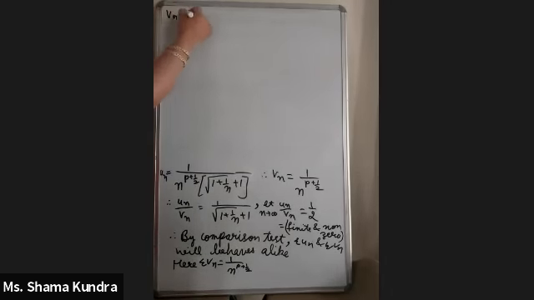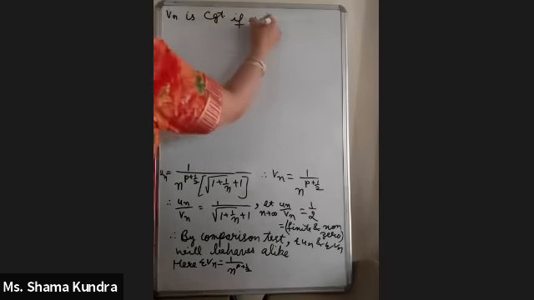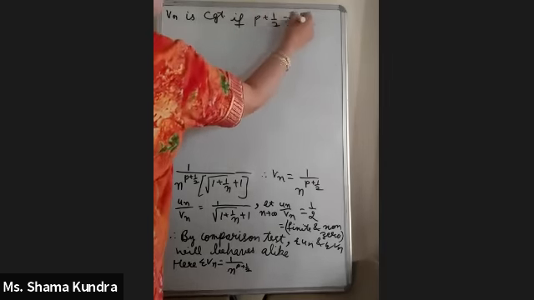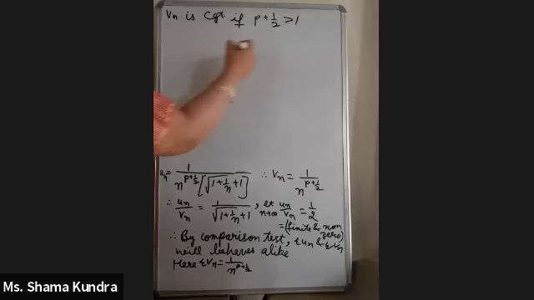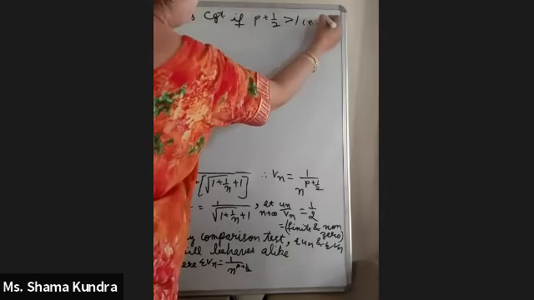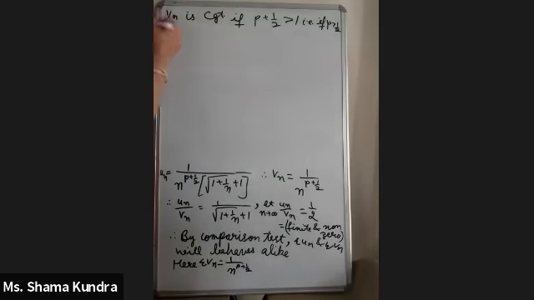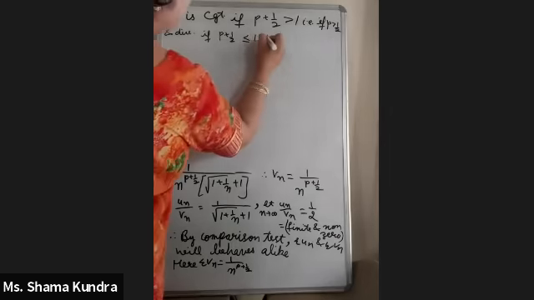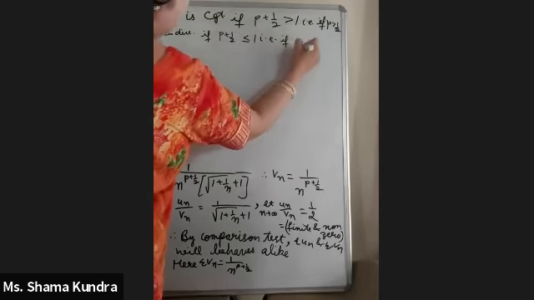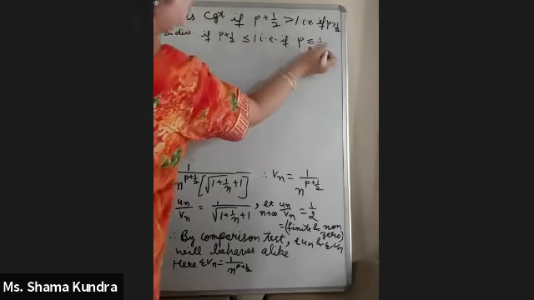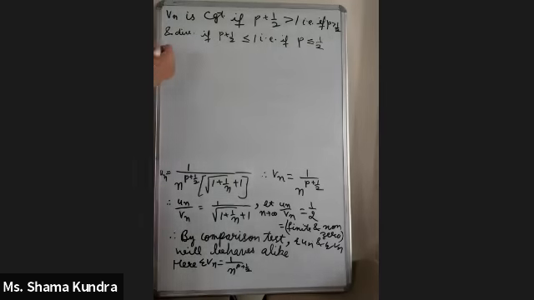vn is convergent if p plus 1 by 2 is greater than 1, that is if p is greater than 1 by 2. And divergent if p plus 1 by 2 is less than or equal to 1, that is if p is less than or equal to 1 by 2.